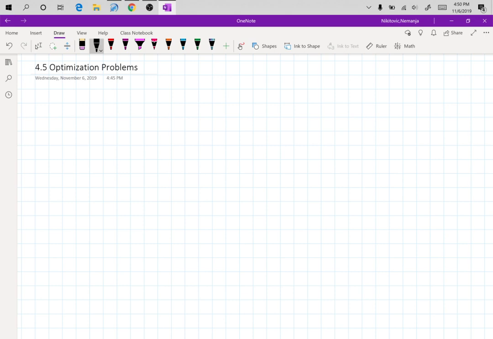In terms of words, but let's see a generic math problem just to set up the process, and then we're going to do a real application. So let's say two numbers add to, let's say, 14.